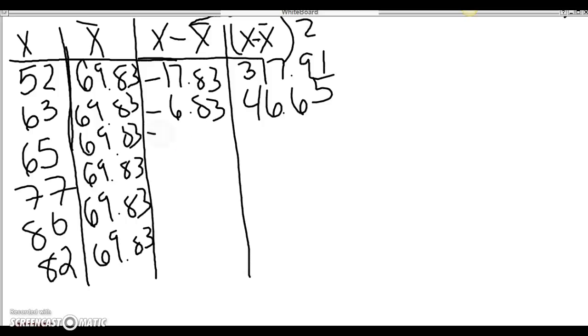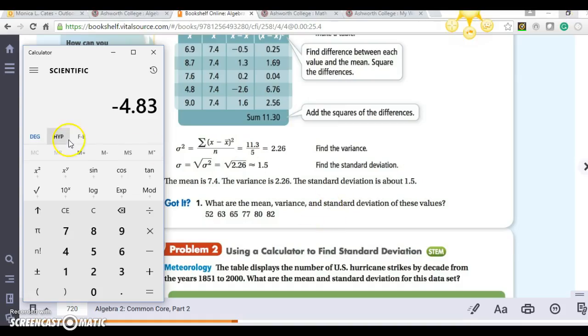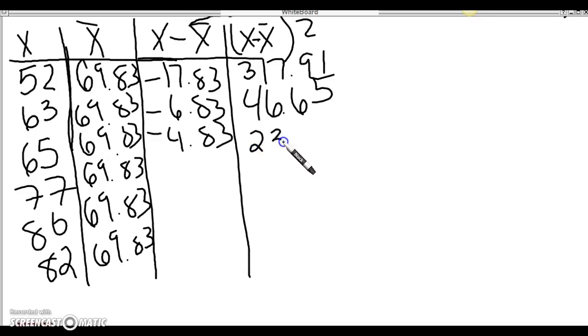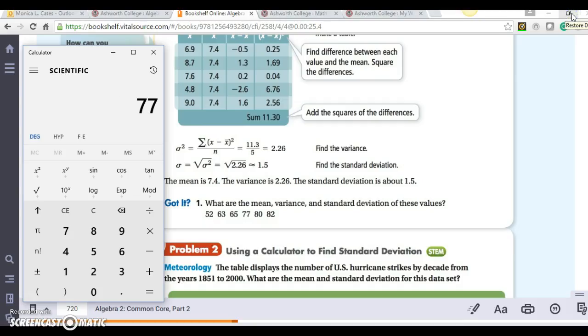I need to square that. I get 23.33. Alright, the next one is 77 minus 69.83. And I get 7.17.